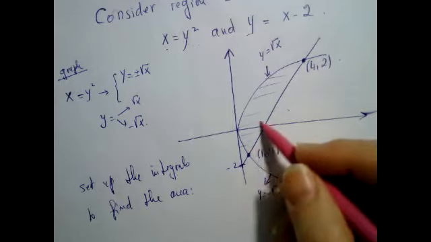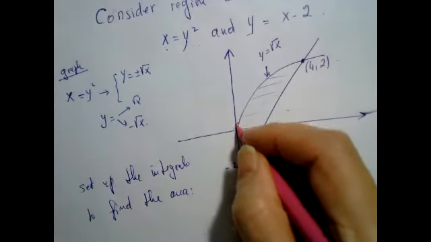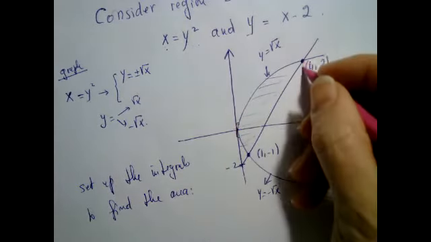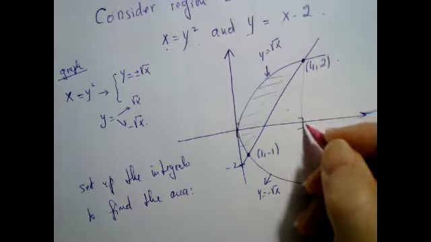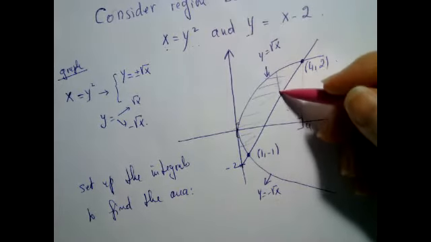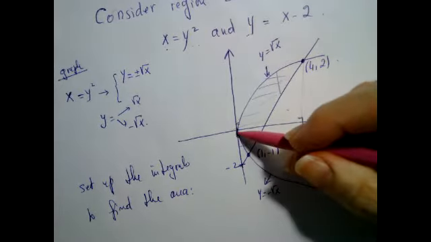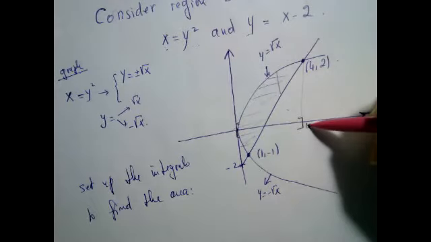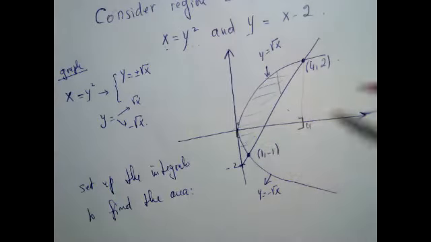So I need the whole area, which means I need to cover everything between 0 and 4. If I want to cover it with rectangles, I have to divide the interval 0 to 4 into pieces so I can cover my whole region. Now between 0 and 4, what's the top curve in this problem? y equals square root of x.